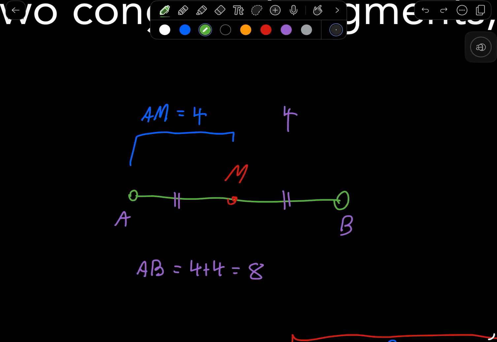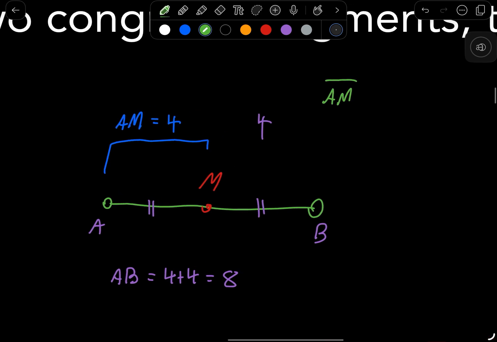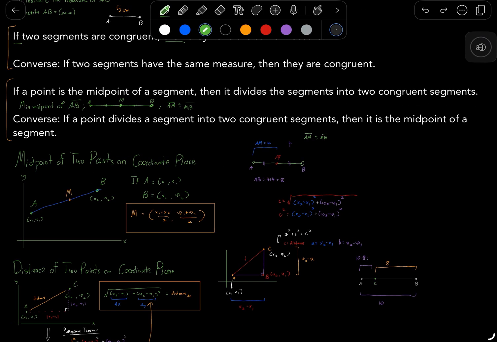So because M is a midpoint, you can conclude that AM is going to be congruent to MB, because remember, it divides into two equal segments. That means if AM equals 4, MB also equals 4, and the entire segment is going to be double 4, so it's going to be 8, right? 4 plus 4 is 8. So hopefully that made sense. It's a pretty simple concept once you understand how to apply the formula.